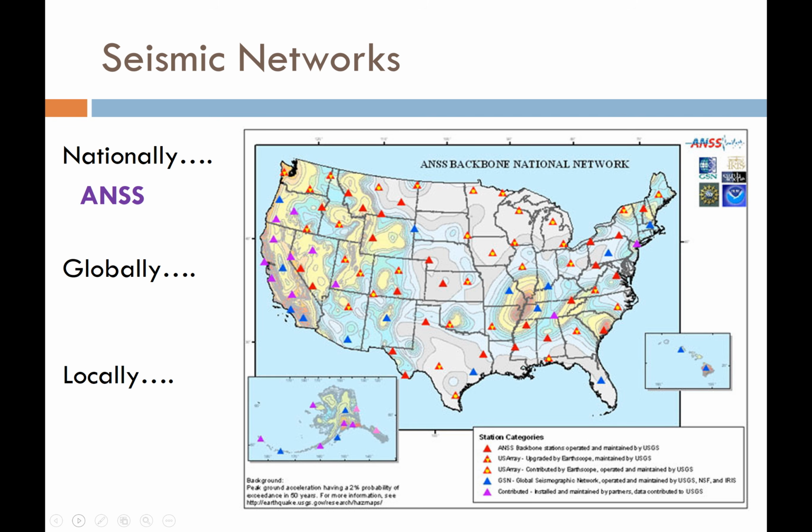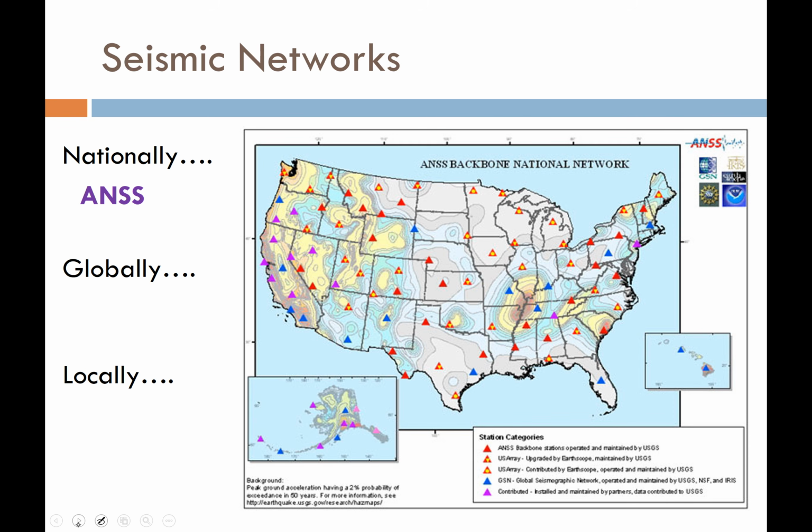ANSS has what they call the Backbone National Network. Here's a little map of it, and by backbone, what this means is these are the primary base ground motion recording stations located all throughout the country. And so if any ground motion occurs anywhere, we can generally pick it up and read it.